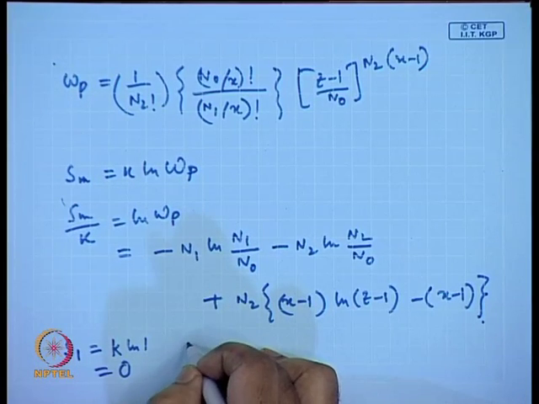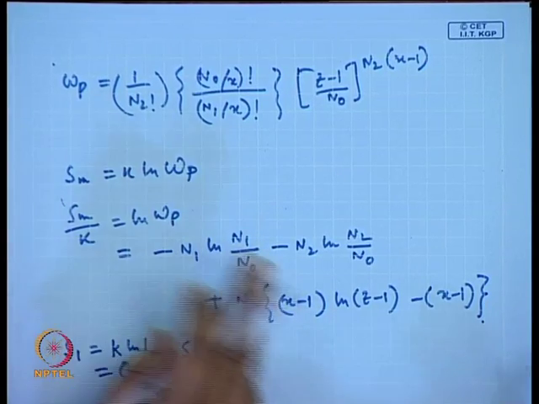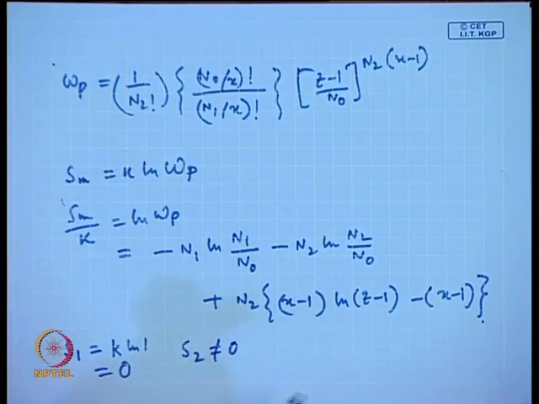But unlike the ideal solution case, S2 is not equal to 0 here, because the amorphous polymer chain has different conformations, and so you can arrange the polymer chain in different ways, not only one way like small molecules. So, S2, which is the combinatorial entropy for the polymer molecule, is not equal to 0; it has a significant value.